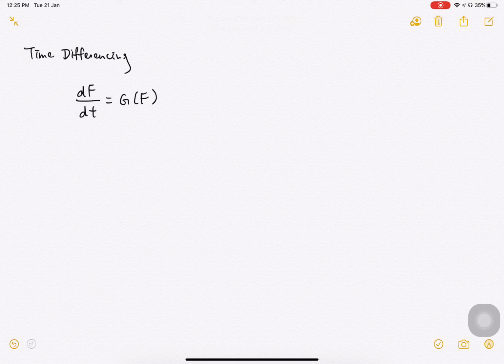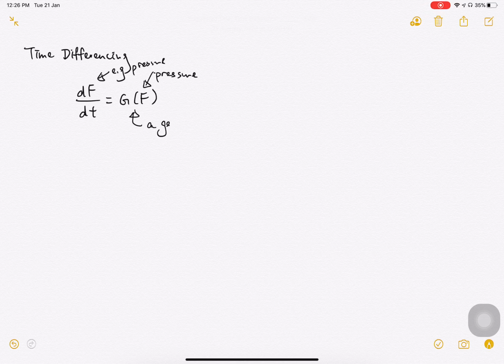If we express this differential equation with a function g, which is still in terms of your variable. Okay, if your variable is pressure, then your expression should be expressed with pressure, right?